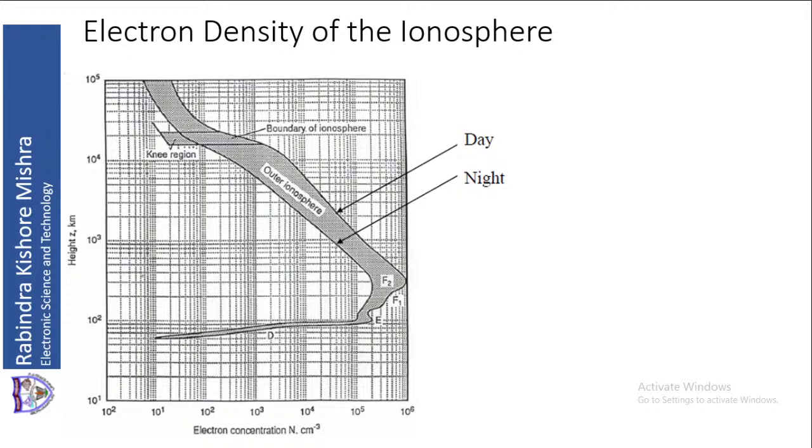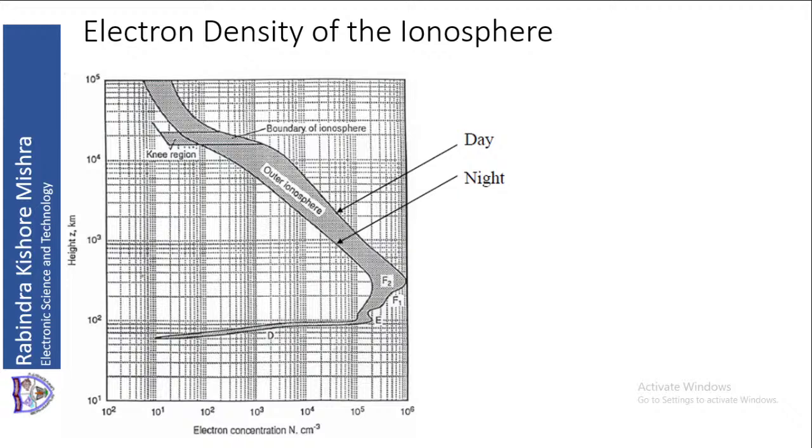Now you can see I am showing you a figure or a graph in which on the x-axis we have the electron concentration Ne, which is number of electrons per cubic centimeter, and on the y-axis we have the height from the Earth in kilometers.